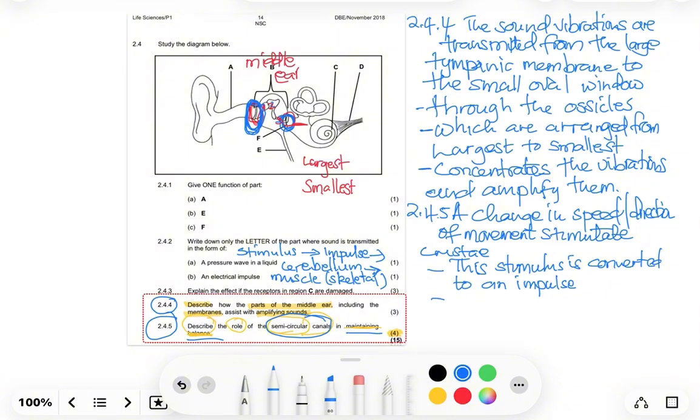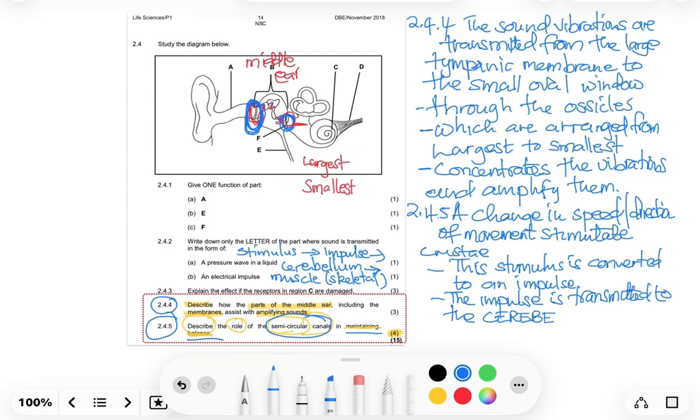Now, the impulse is then transmitted to the cerebellum. Let's not make a mistake here. So the impulse is transmitted to the CEREBELLUM, which I'm going to write in capital letters.